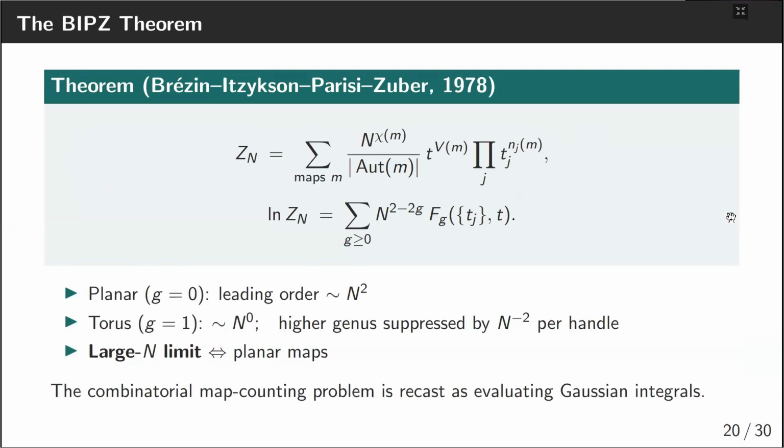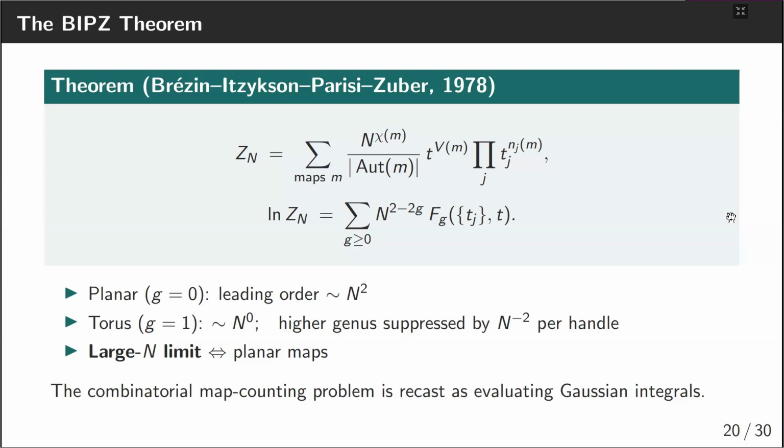We have this Bessis 1978 theorem, which is the combinatorial map counting problem, and we've recast it as evaluating Gaussian integrals. In the planar case, the leading order is n to the 2.